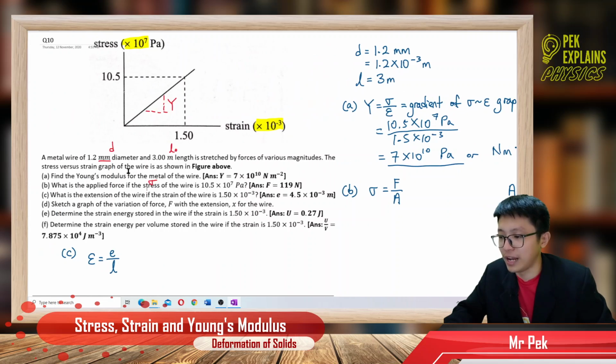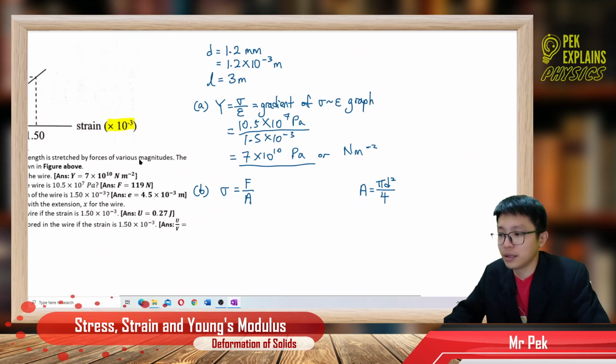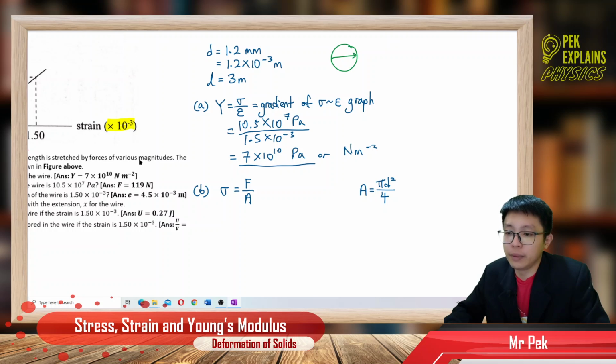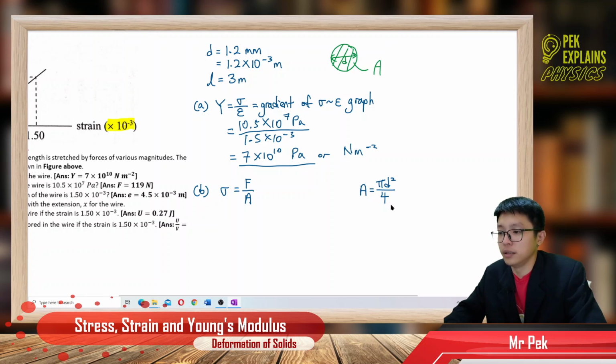If something has a diameter, of course it's a circle with a diameter. So I want to find the cross-section area. Its area is pi d squared over 4 for a circle.